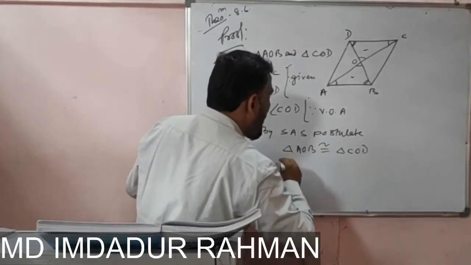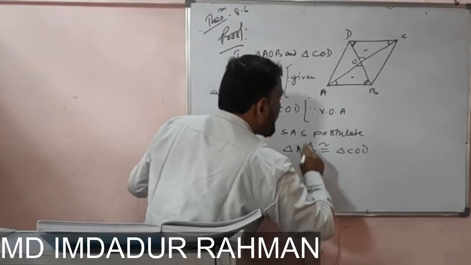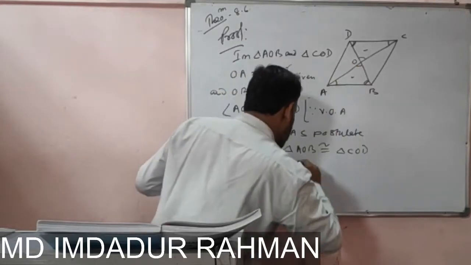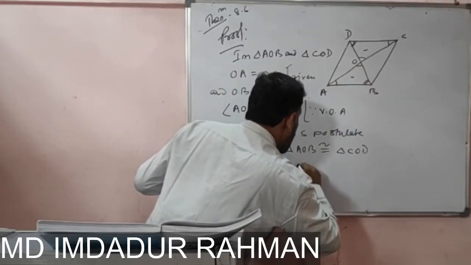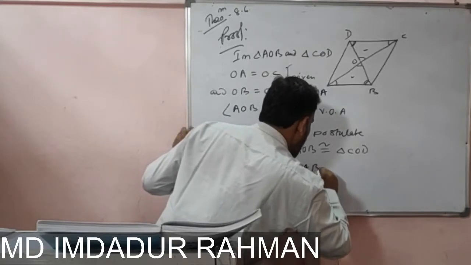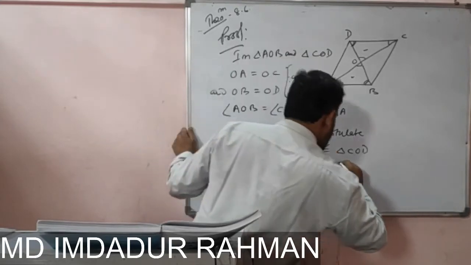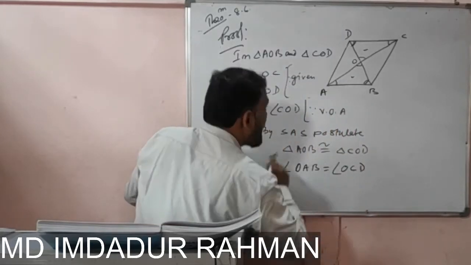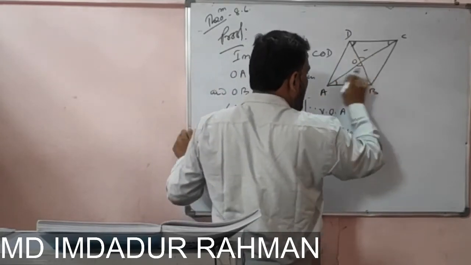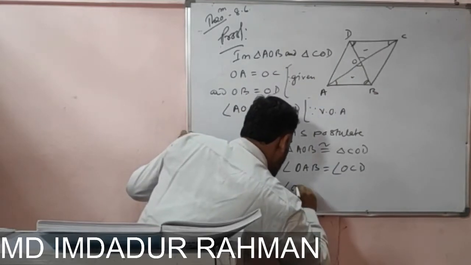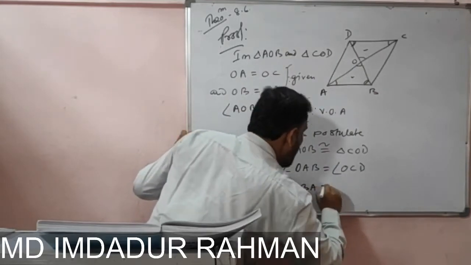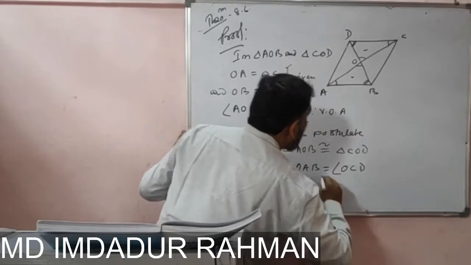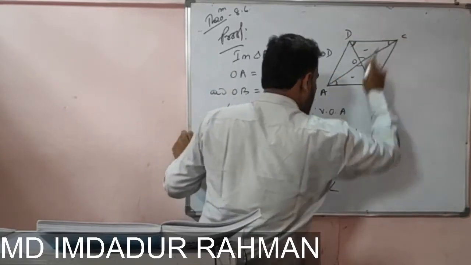Angle OAB is equal to angle OCD and angle OBA is equal to angle ODC.